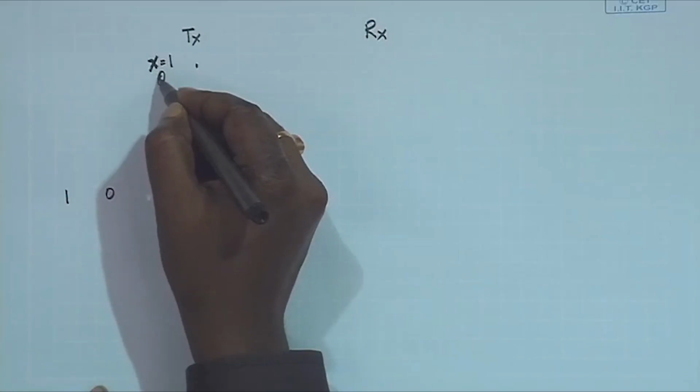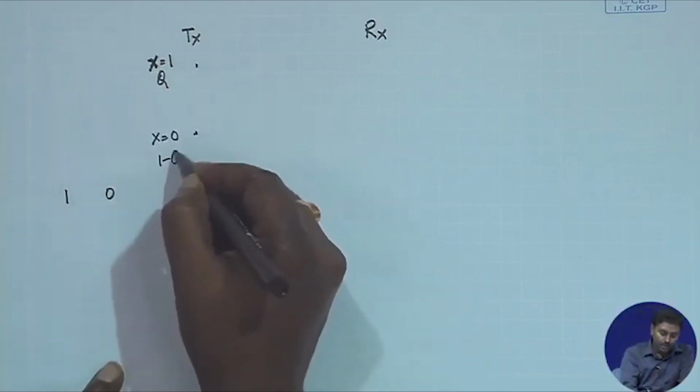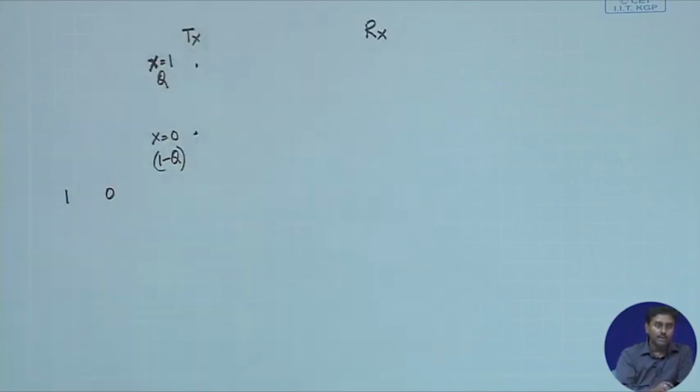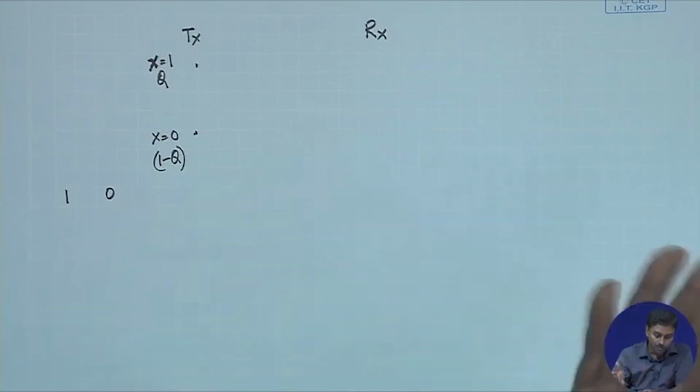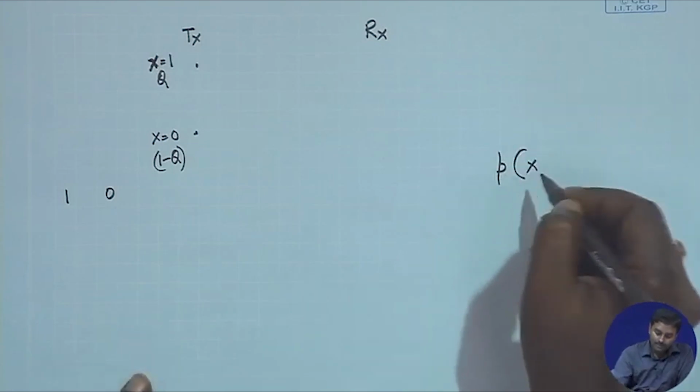So, let us say with probability q the transmitter sends 1, and with probability 1 minus q it sends 0, because only two are there and the sum of the probabilities must be 1, as we have already seen. This is the only possible scenario, because we only have 2 events or 2 sample values.